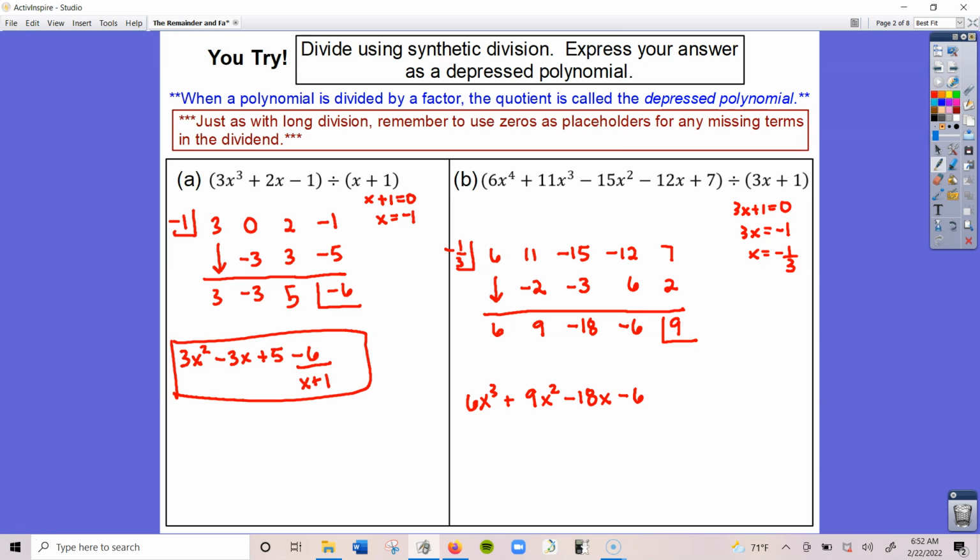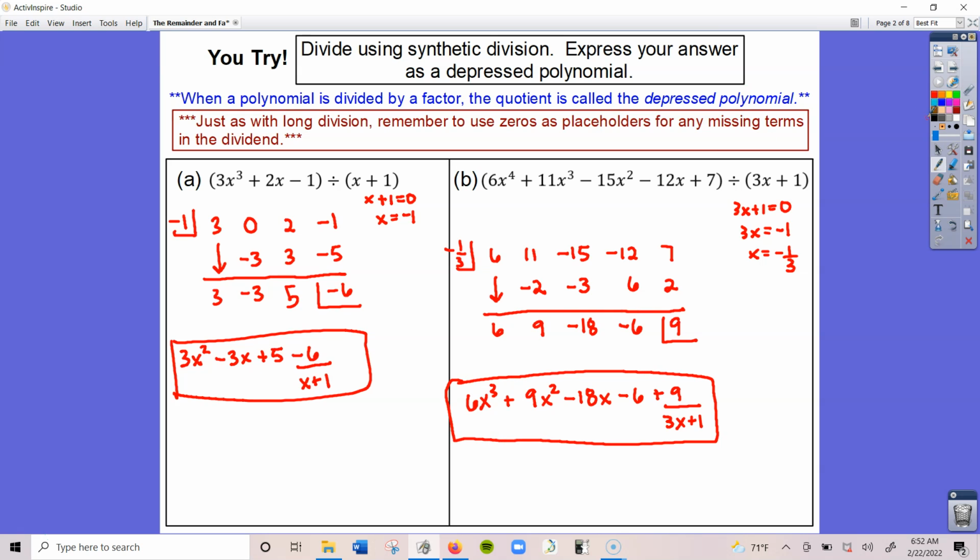Then I'm going to add my remainder, so plus 9. And I'm going to put that 9 over what I divided by, which is the 3x plus 1. This is my answer.